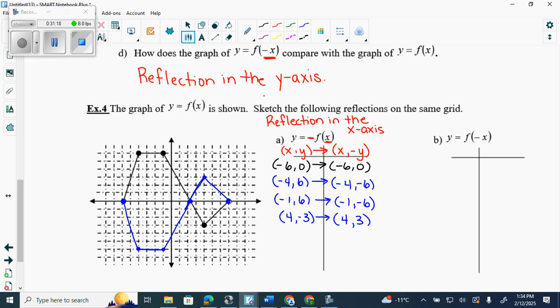Then B, we have a -x. So our mapping is going to be x, y becomes -x, y. Because if it's in the bracket with the x, it affects the x in mapping. Correct? So, what is this a reflection in? If it's negating the x's, it's a reflection in the what? Y-axis.